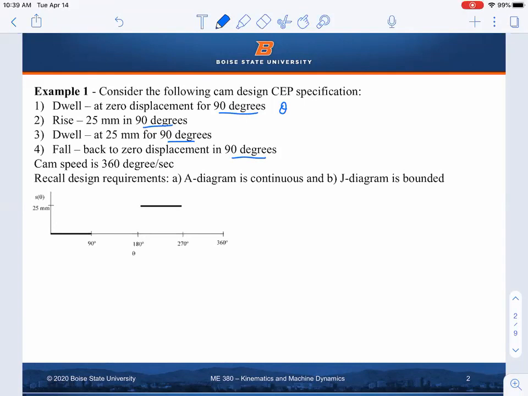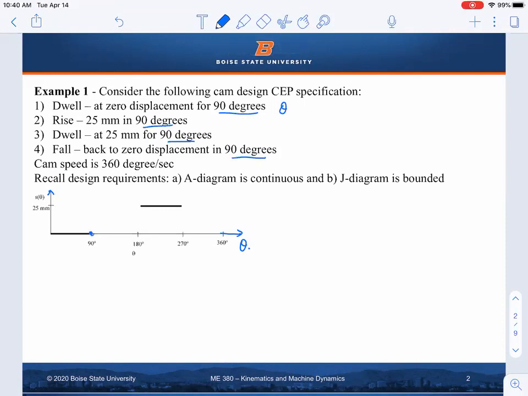So the first step when you design a CAM is to draw your S, V, A, J plot based on the information you get from the problem description. In this case, you first draw your S as a function of theta, and we have 1, 2, 3, 4 different segments.